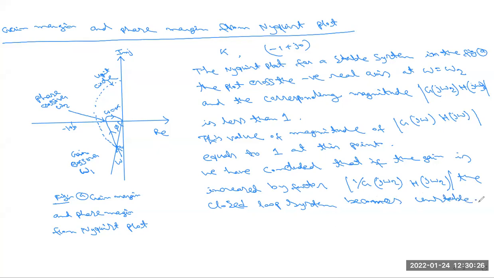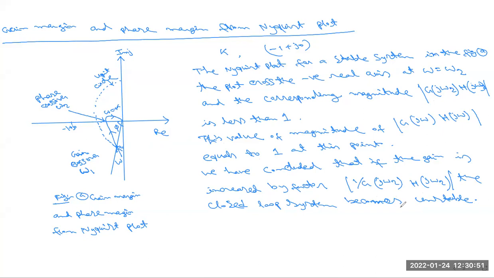Okay, so this is basically the point when the magnitude of G(j omega) H(j omega) equals 1. At this point, we conclude that the gain is increased by the factor of 1 by this magnitude, and the closed loop system becomes unstable.